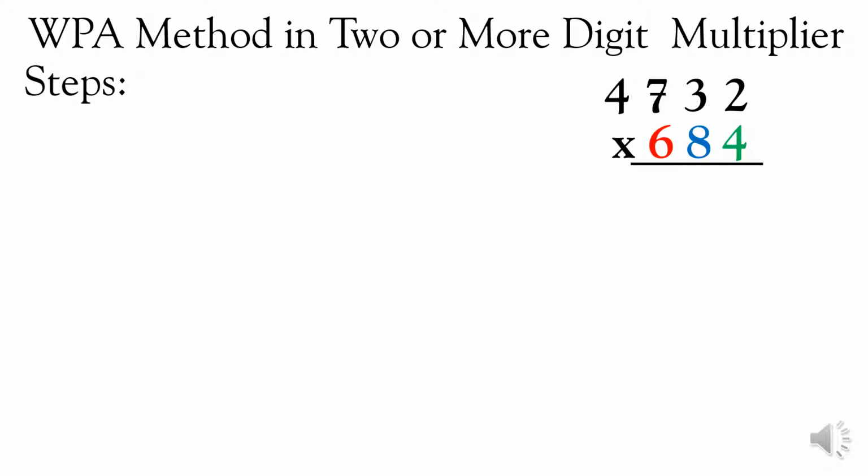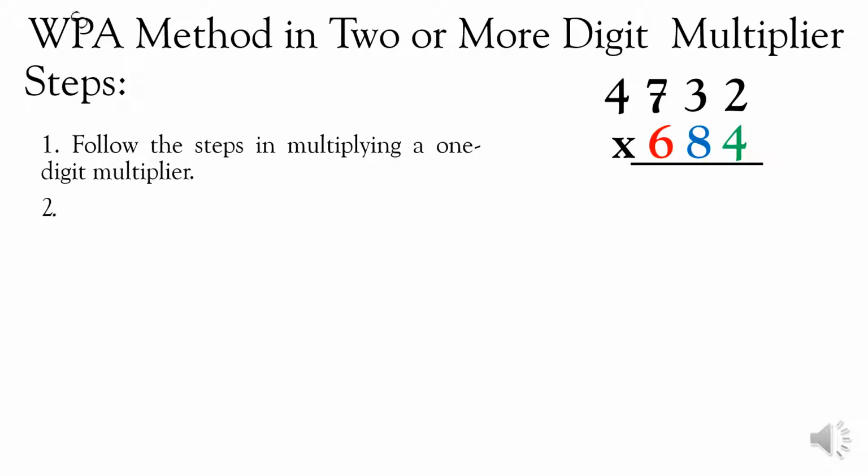And the third partial product will be coming from the product of 4. So we will first make our first partial product. Again, following the first and second step, we will start multiplying the multiplicand by the digit 6.